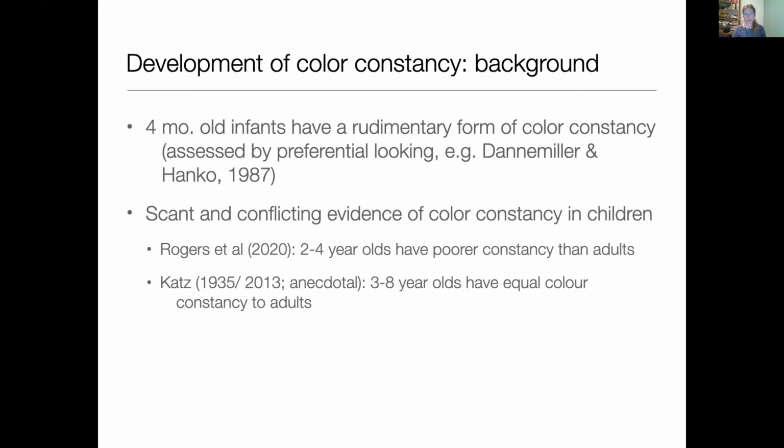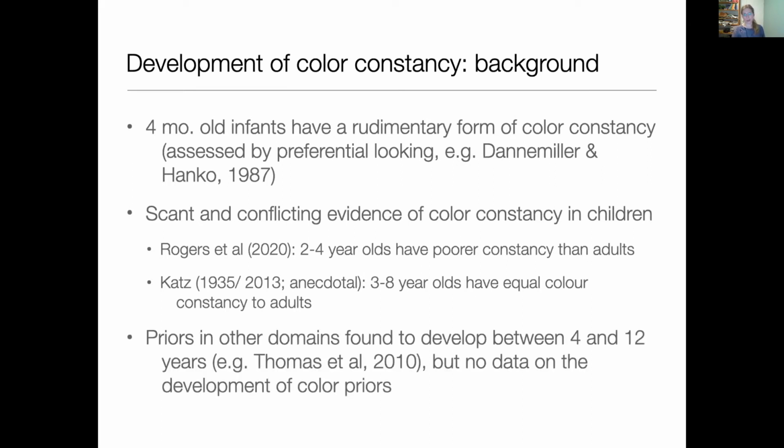There is not very much evidence on color constancy in children. We know that 2 to 4-year-olds have poorer constancy than adults, but there is some anecdotal evidence reported by Cutts that 3 to 8-year-olds have equal color constancy to adults. So there is some disagreement about this.